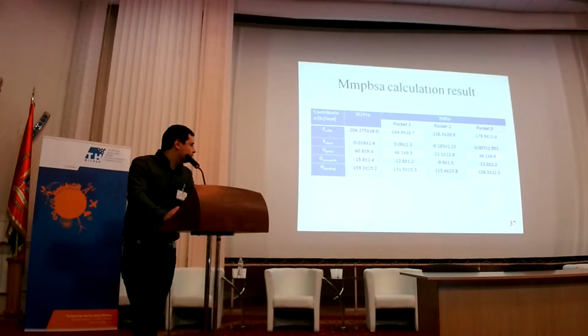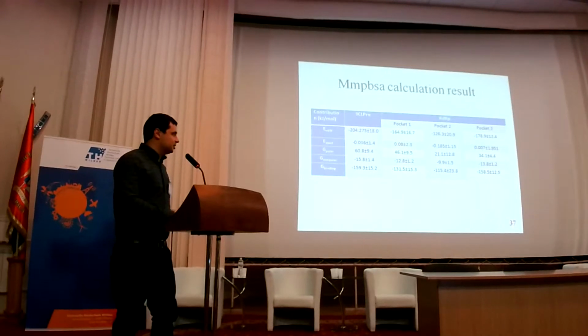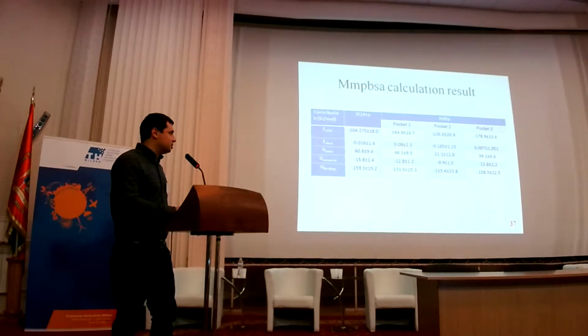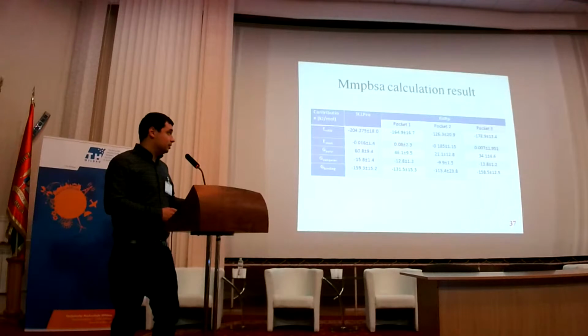Yes, it is a problem of this kind of method. I'm not sure that we can fully rely on this number. These numbers can present just a picture, just a relation. For example, if I use some other kind of method, calculated the covalent bond and the energy for this complex, I'm pretty sure the numbers would be different.